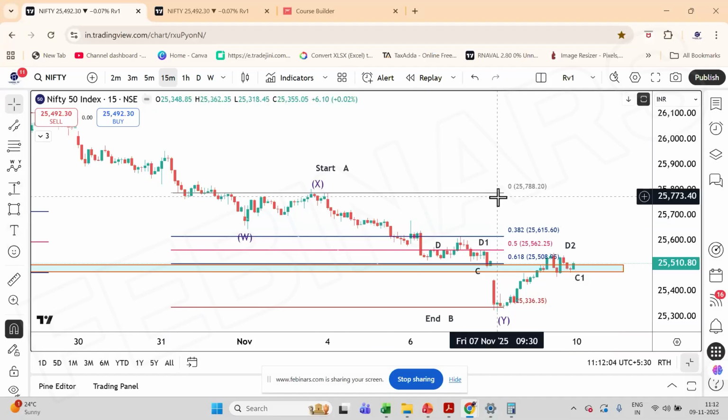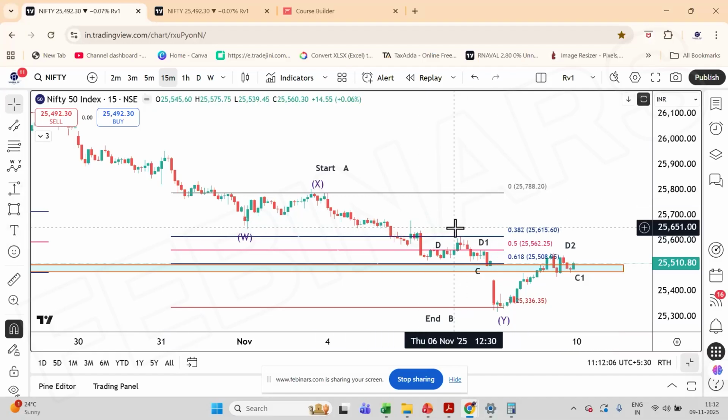How to mark the zones using the Fibonacci is what we are learning here in a very simple way. The simplistic supply and demand clusters we are trying to understand.